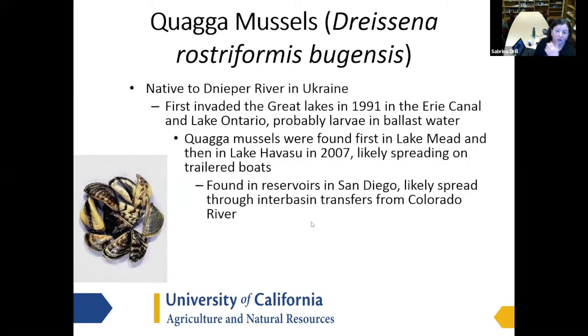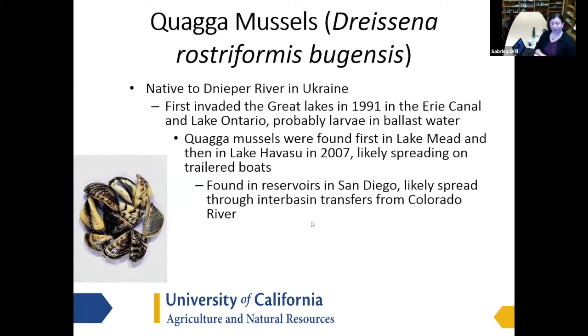An example of something that probably, this is kind of a complicated story because there are probably multiple things going on, but quagga mussels are a good example. They're native to the Dnieper River in Ukraine. They probably got into the Great Lakes in the US, in the Erie Canal and Lake Ontario, from larvae in ballast water on ships coming from Europe.